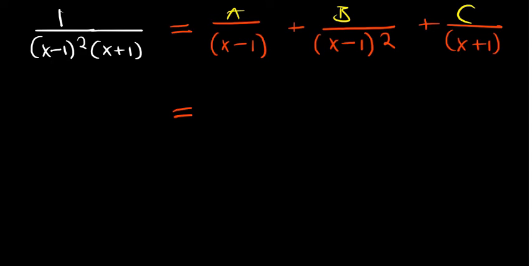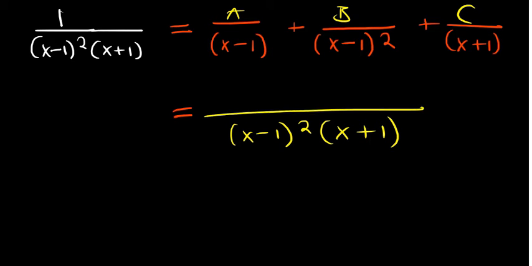Of course when it comes to the common denominator, this and this have a common denominator, which is just x minus 1 squared, right? Because they cannot be divided into x minus 1 squared, and then x plus 1. So essentially it's taking us back to whatever we had from the start. What we're interested in is the numerator. So let's divide. One thing you need to picture is that x minus 1 squared is x minus 1 multiplied by x minus 1 again.